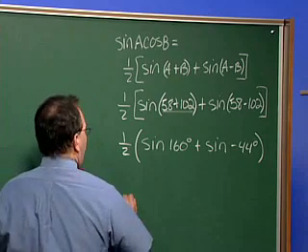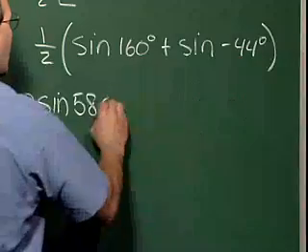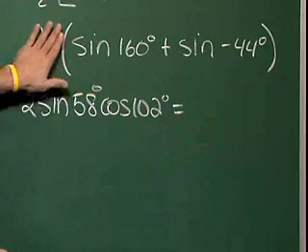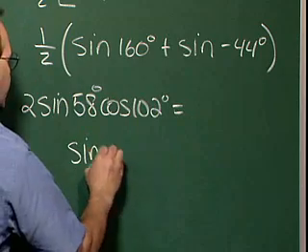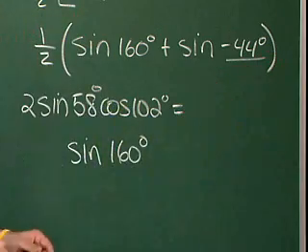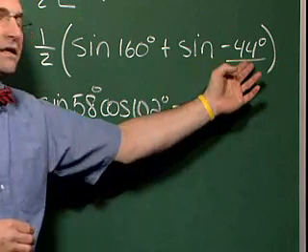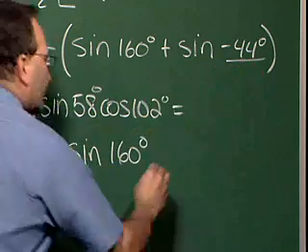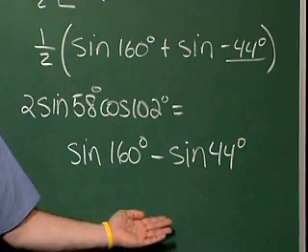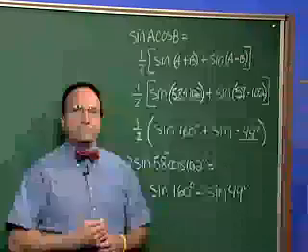So what I would have then is that 2 sine 58 cosine 102 is equal to, again, that's going to reduce down, and I'm going to get sine of 160 degrees. And then I want to remind you, using the negative number identities, that the sine of negative 44 is negative the sine of 44. So we find that it's equal to the sine of 160 minus the sine of 44 degrees.